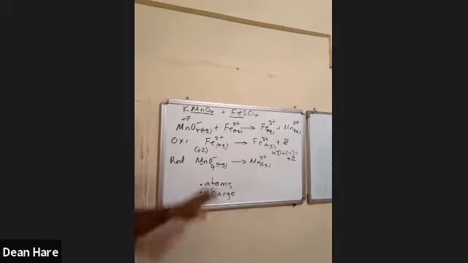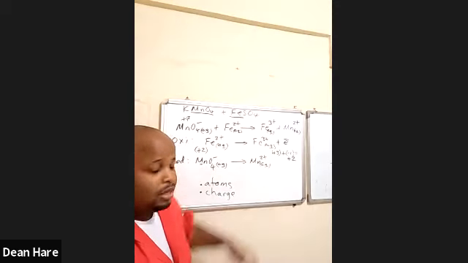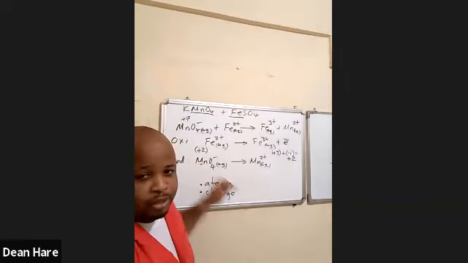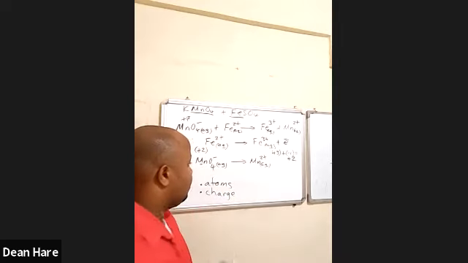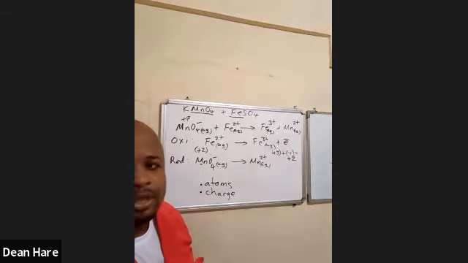So we have 4 oxygen atoms on this side, but we don't have any oxygen atom on this side. Whenever you need oxygen atoms, you are going to add water. So you balance oxygen by using water. So let us add water on this side.